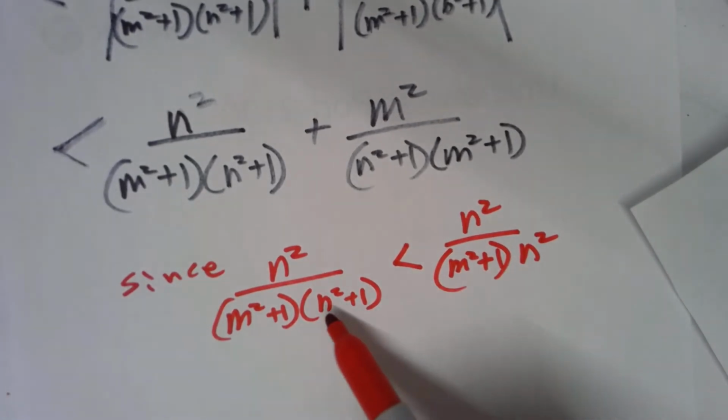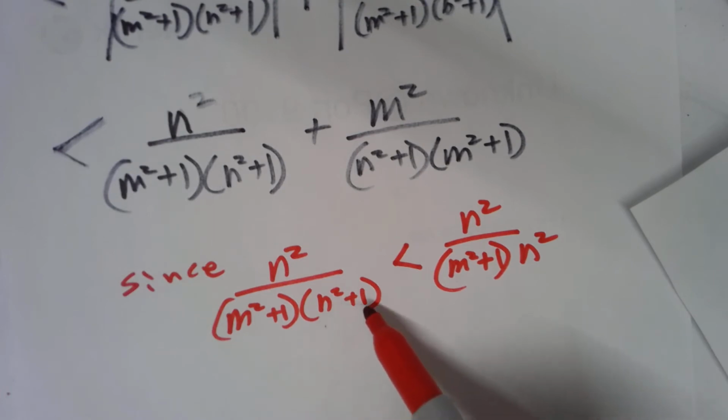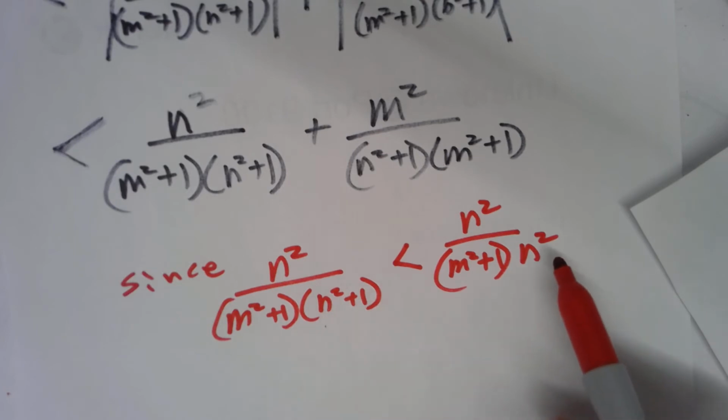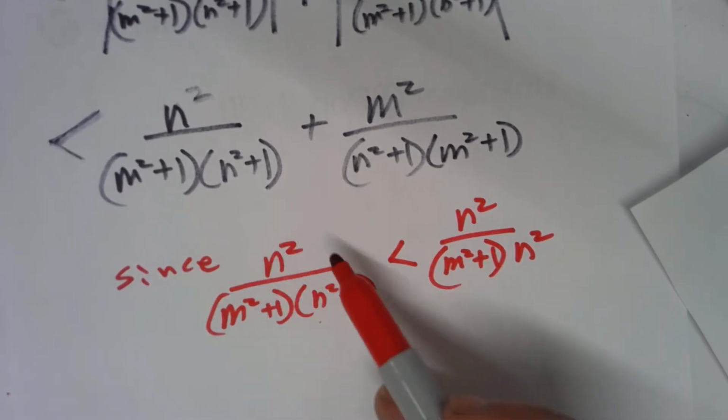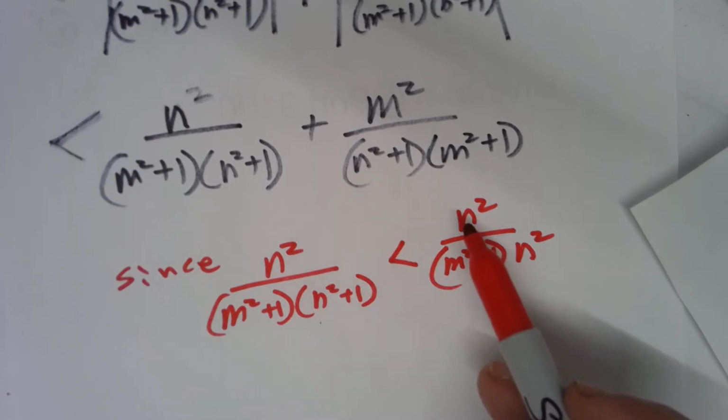Why? Because the larger the denominator, the smaller the fraction. So this is n squared plus 1, this is just n squared, so we can say that this is smaller than that.